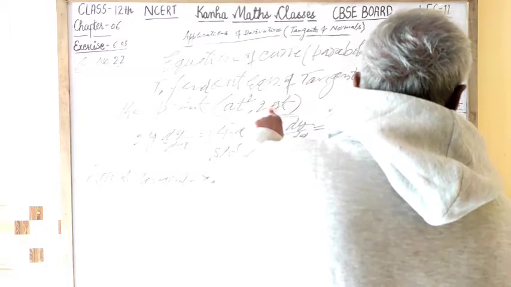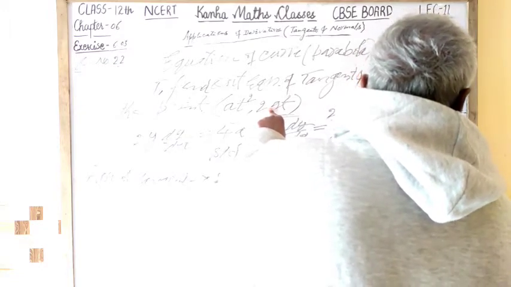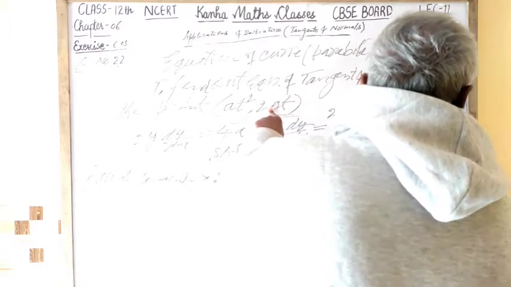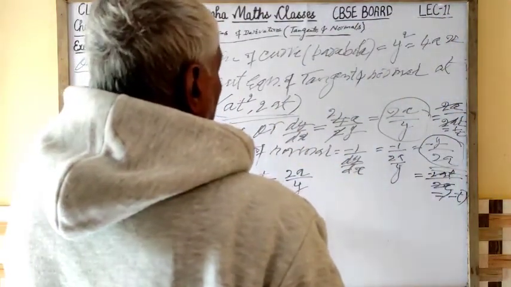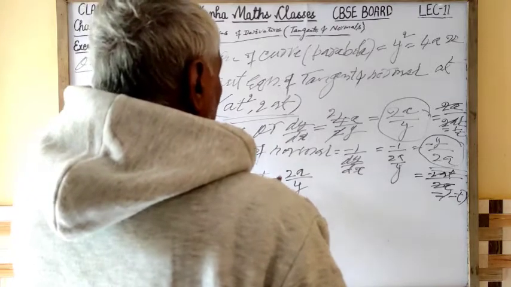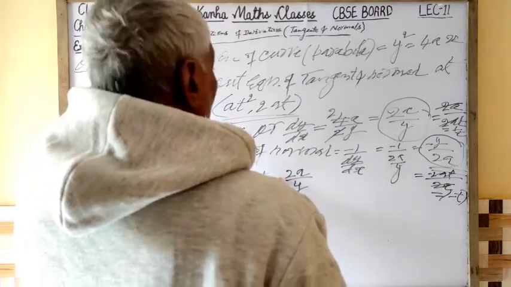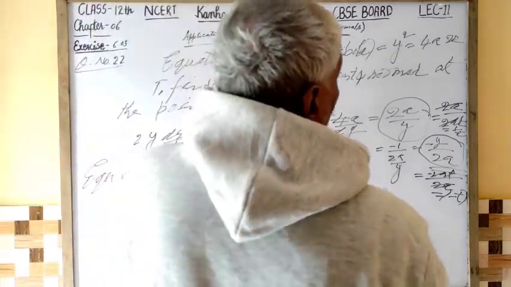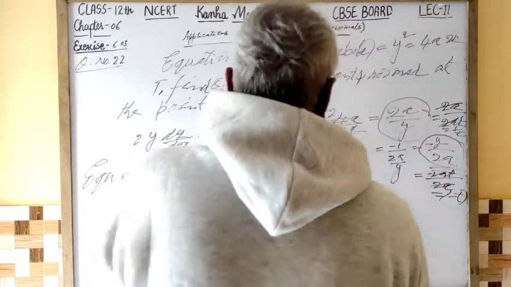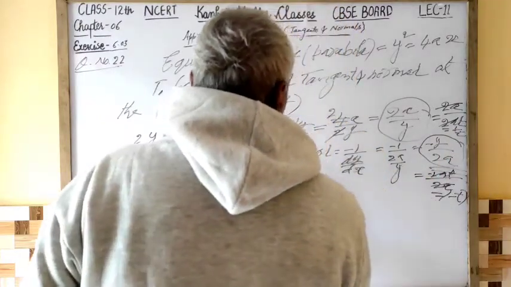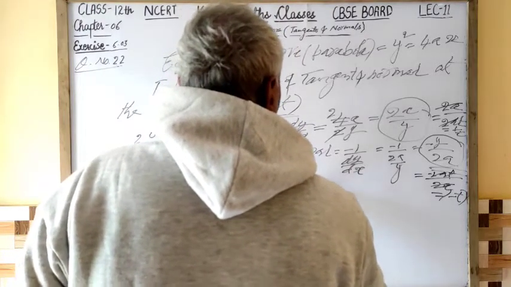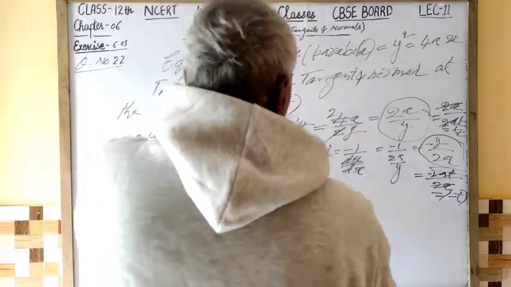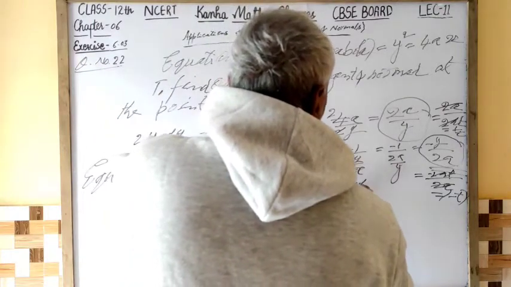Hence y minus y1 is equal to the slope of the tangent, that is 1 upon t, times x minus x1, this is at square.